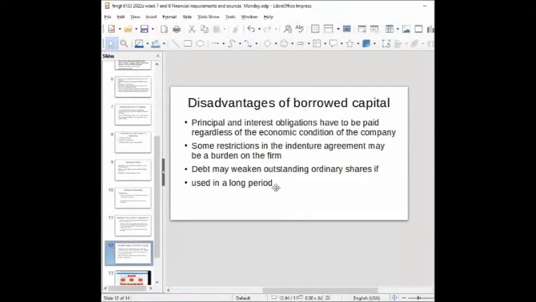So in taking this borrowed capital as the source of your funding, you must be aware that there are disadvantages, especially the financing charges.